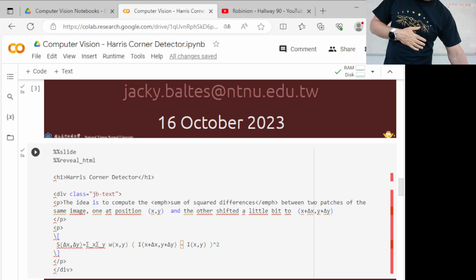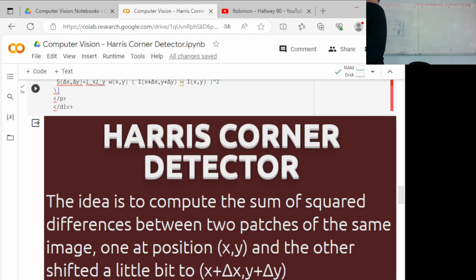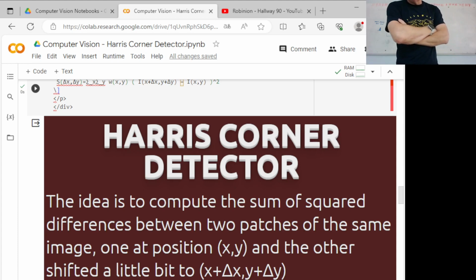Now we can actually formalize that using exactly this definition, right? So the idea is that we compute the sum of the squared differences between two parts of the image. One is the point that I'm considering as a feature point, and the other one is that point plus some small shift in delta x and delta y. And then for all the delta x's, delta y's, I want there to be a big sum of squared differences.